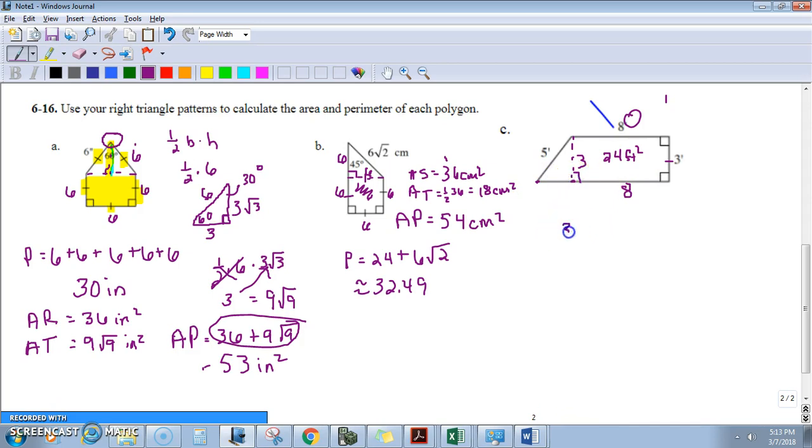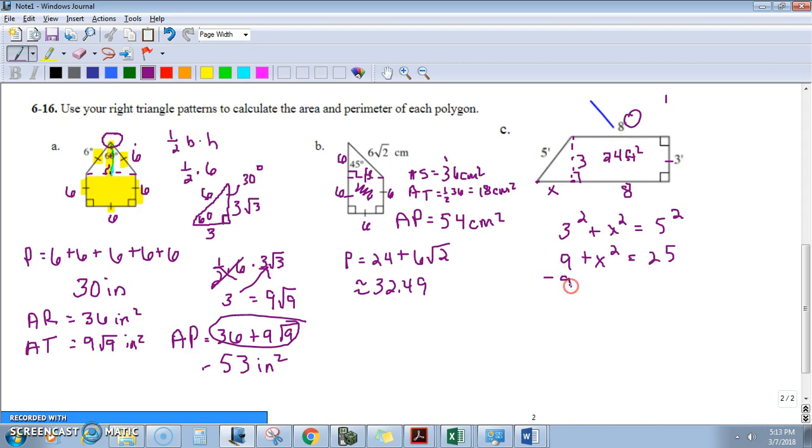So I know that's 3 squared plus that side, I'm just going to call it x that I don't know, plus x squared is equal to my hypotenuse squared, which is 5 squared. So I have 9 plus x squared equals 25.